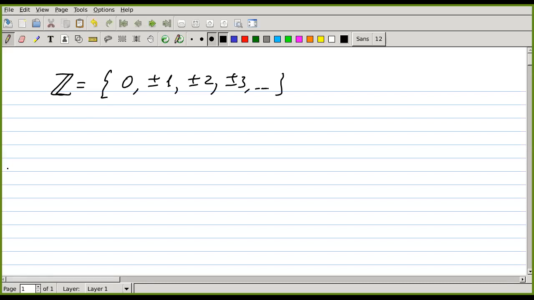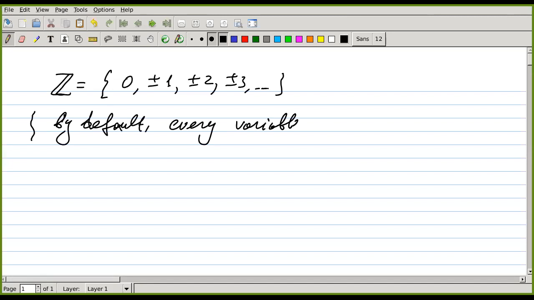Let me fix it in written form. So by default, every variable today stands for an integer.